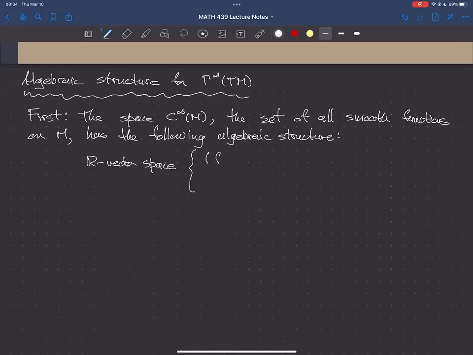If I take two smooth functions f and g and I want to add them, I need to tell you what f plus g is evaluated at x, and of course it's f of x plus g of x. So that's vector addition. And if I take a scalar alpha and multiply it by a function f, that's alpha f of x. That's the vector space structure, and you're familiar with that.